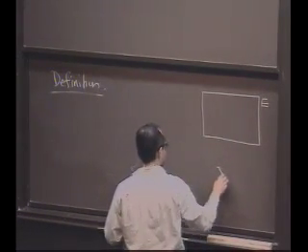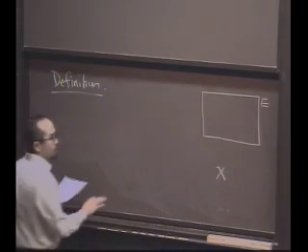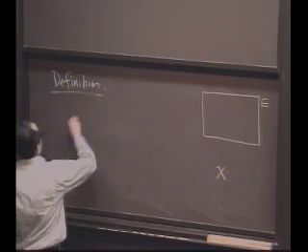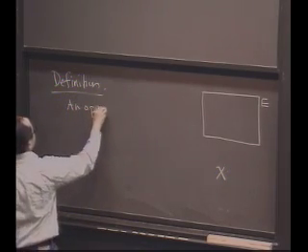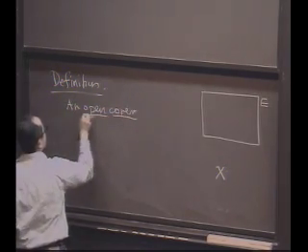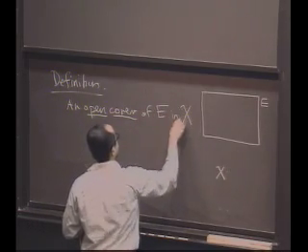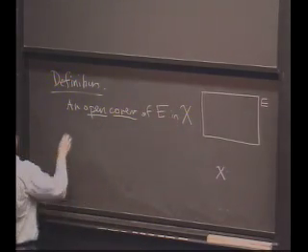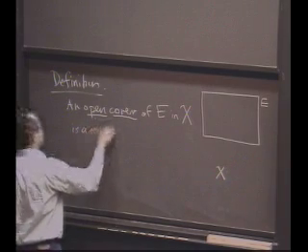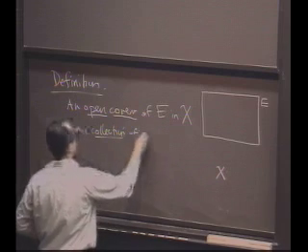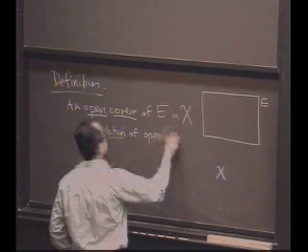Okay, so let's call this set E. This is living in some X. Okay, X is always a metric space from now on. An open cover of some set, whatever it is, E in X, is a collection of open sets, if it's an open cover.